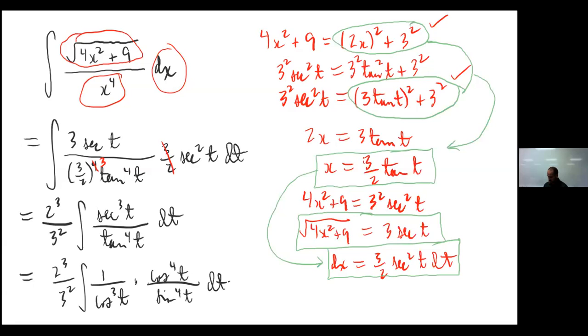How many cosines cancel? Almost all of them do, right? All of these cancel, and there's just a single cosine left, which is real good news for us. I'm telling you it's good news.